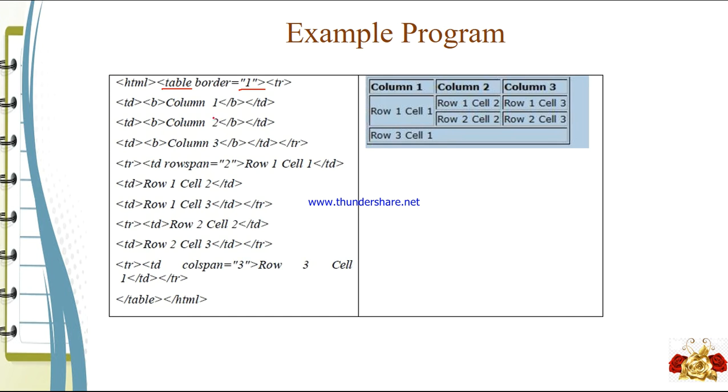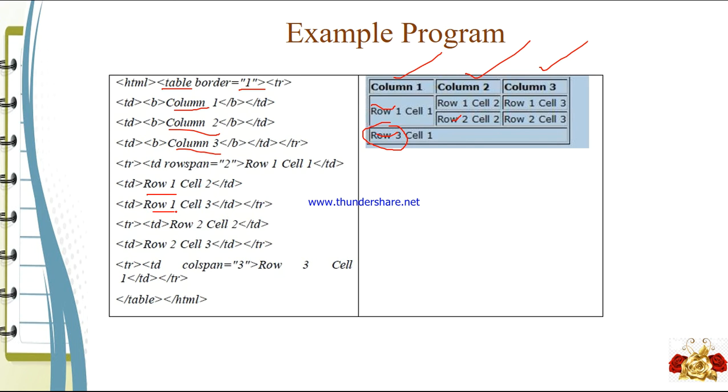Then columns. We have 3 columns: column 1, column 2, column 3. Then rows. There are also 3 rows: row 1, row 2, row 3.